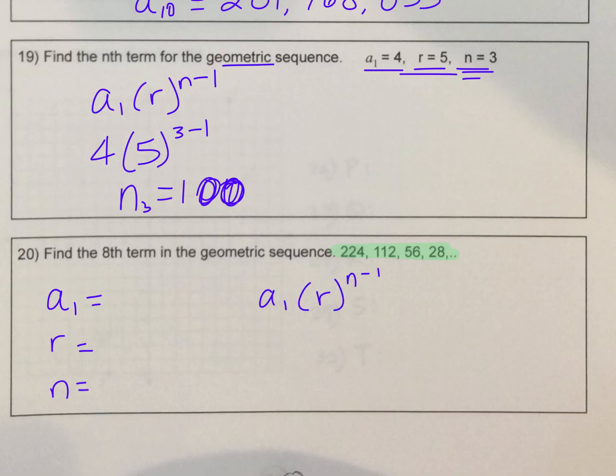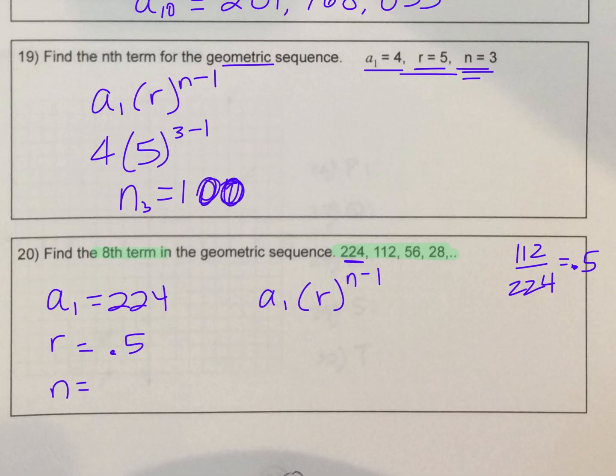A1 is the first term in the sequence. Well, 224. R is what I multiply over and over and over again. So to find R, I take term 2 and divide it by term 1. When I divide that, I get a 0.5. So I'm multiplying by 0.5.